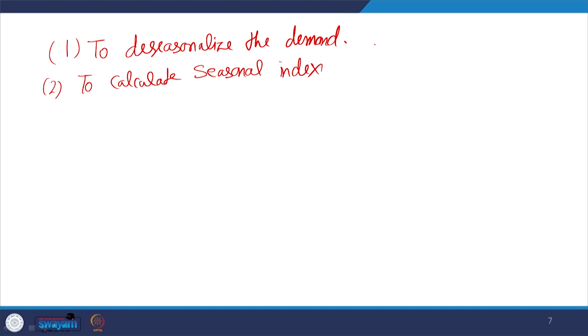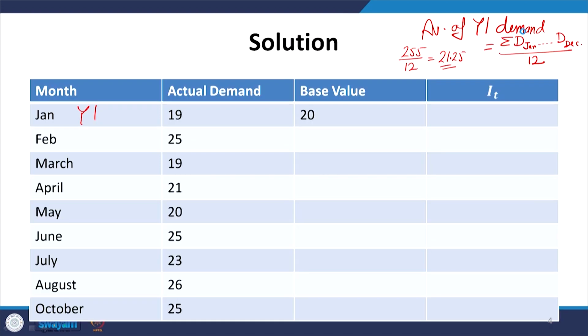We will calculate the seasonal index, and how? To deseasonalize the demand, we first calculate the average demand. Now, the average demand is 21.25, and for calculating the seasonal index, we will divide the actual demand by the average demand.